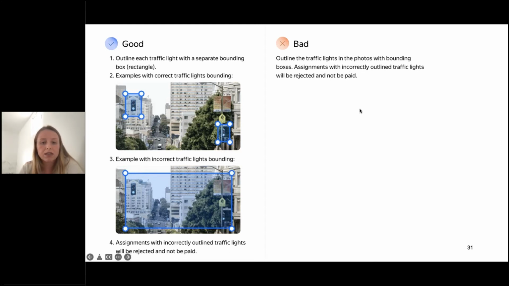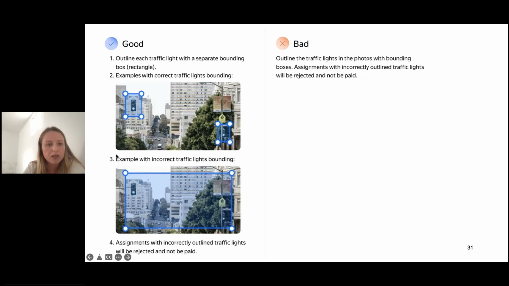So why is the right-hand side bad? For example, it says to the performer that assignments that are labeled incorrectly will not be accepted. But there are no examples of what means bad and what means good. On the other hand, on the left-hand side, we see clearly one example of correctly labeled traffic lights and an example of incorrectly labeled traffic lights.